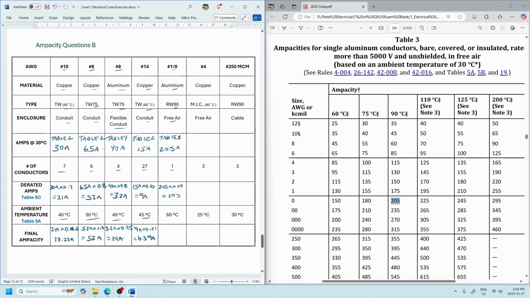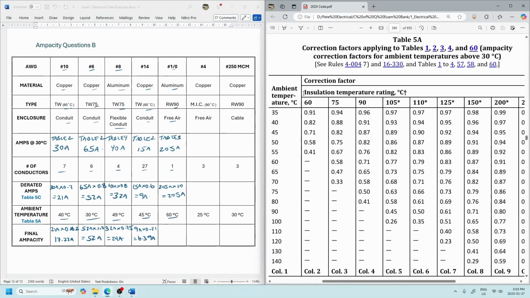So we're still at 205, but we've got an ambient air temperature of 60 degrees. If we go to table 5A, we're going to start off in the 90-degree column here. Ambient air temperature is going to be 60, so the multiplier is going to be 0.71.